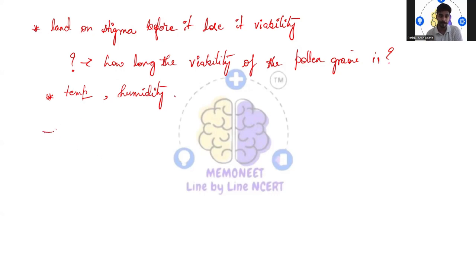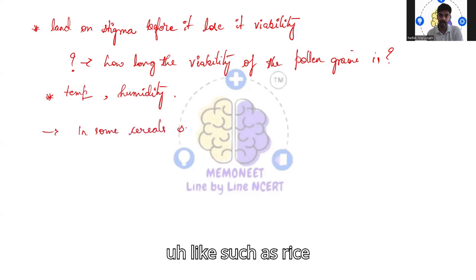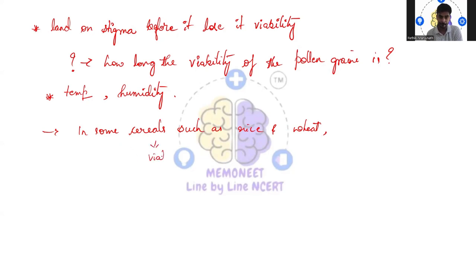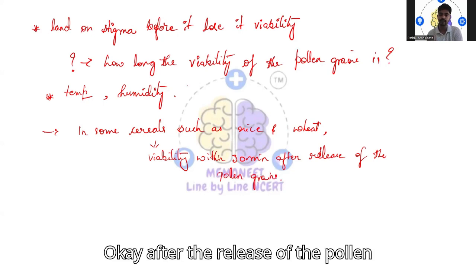In some cereals, such as rice and wheat, the pollen grain viability is within 30 minutes after the release of the pollen grains.